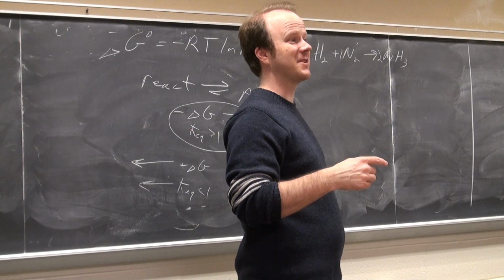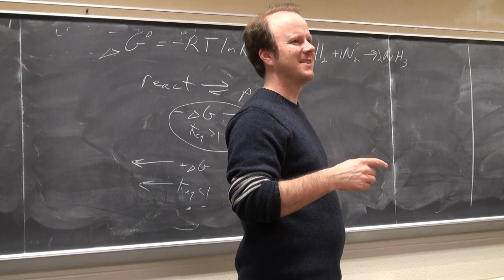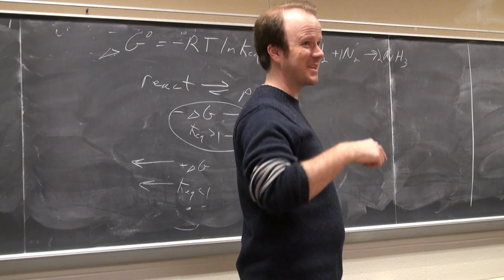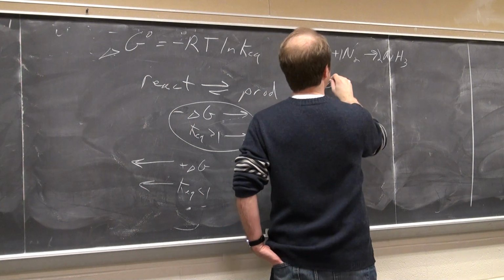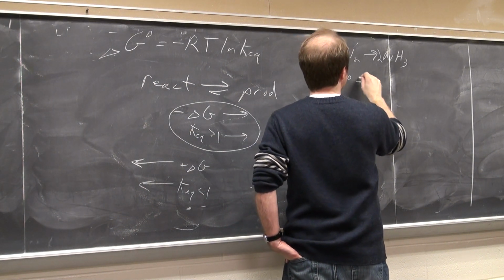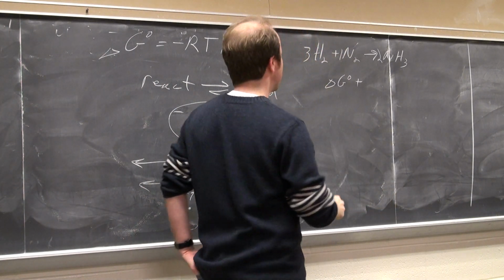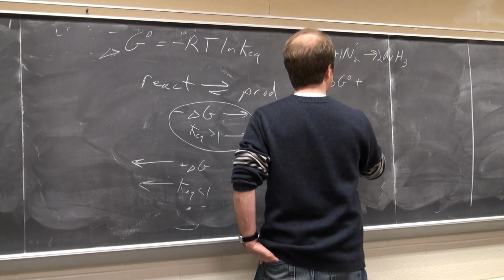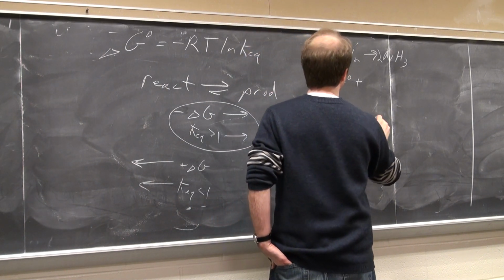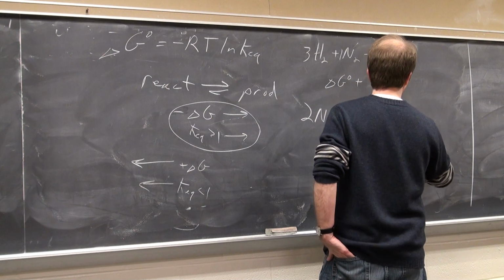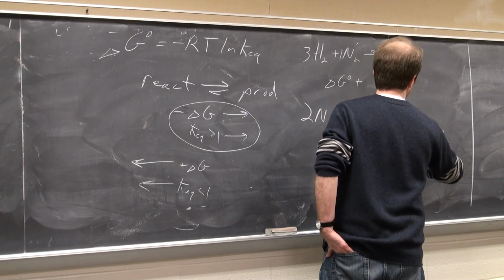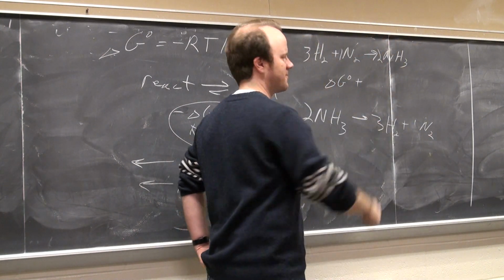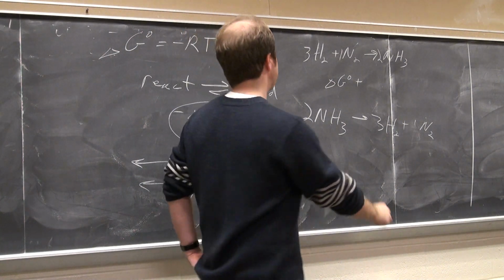What was it from the homework? Positive, right? You mix hydrogen and nitrogen, the delta G0 is positive, for this as written. What if I wrote 2NH3 goes to 3H2 plus 1N2? What's the delta G0 for this reaction? Negative.